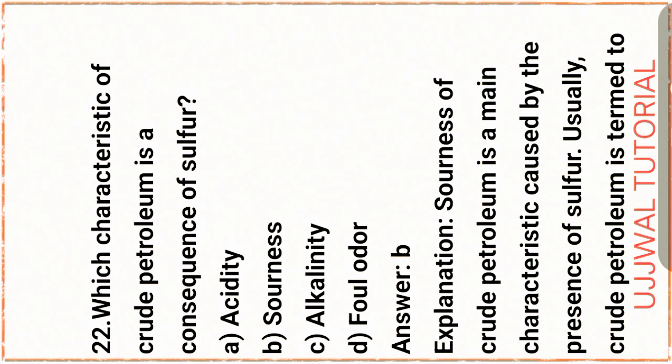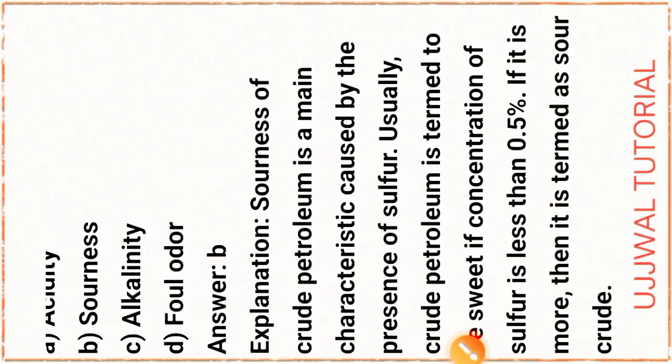Option B, sourness. Sourness of crude petroleum is a main characteristic caused by the presence of sulfur. Usually, petroleum is termed sweet if the concentration of sulfur is less than 0.5. If it is more, then it is termed sour crude.